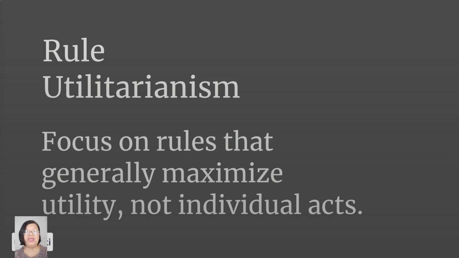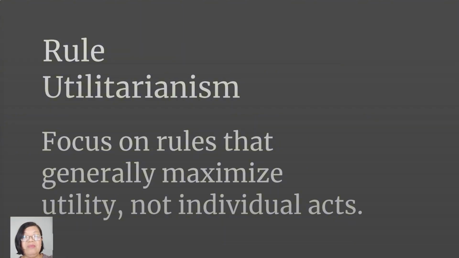For example, instead of asking whether lying in this case will produce a good result, we ask whether a society that allows lying will produce overall happiness. This distinction becomes important in governance.